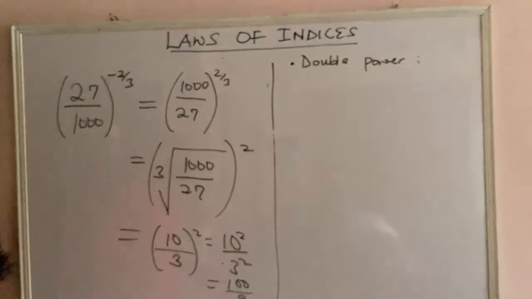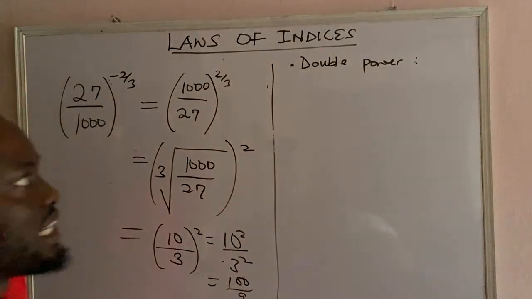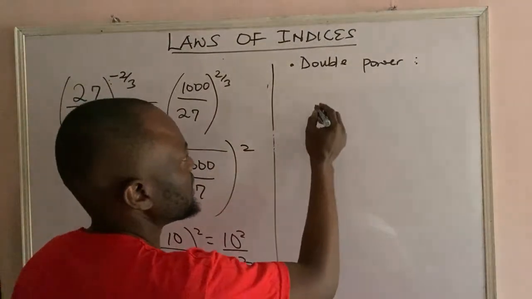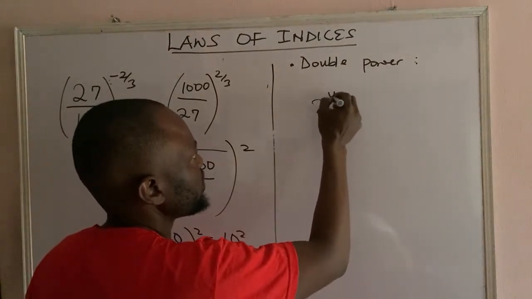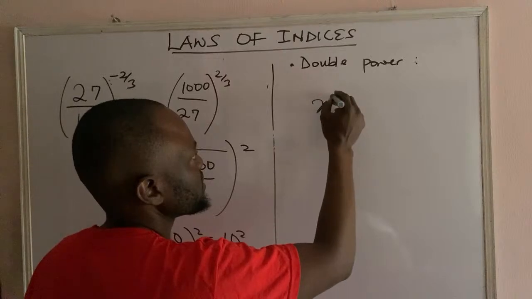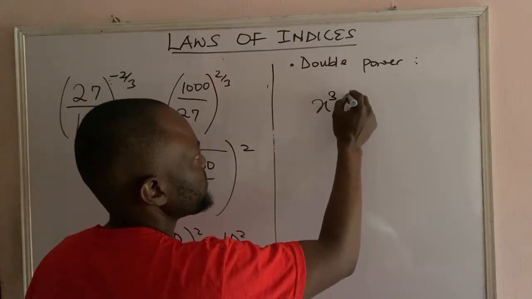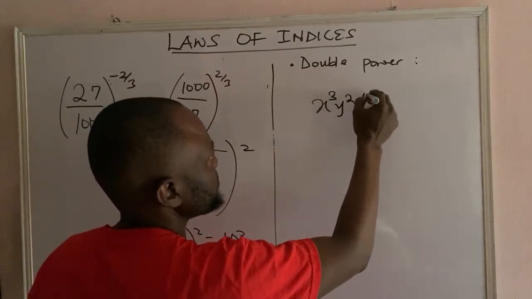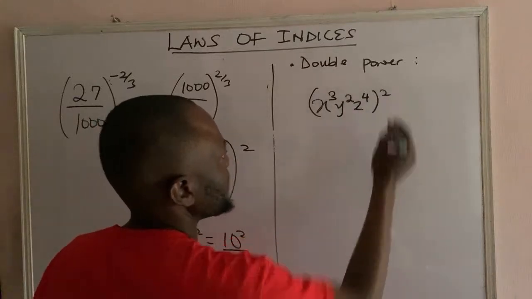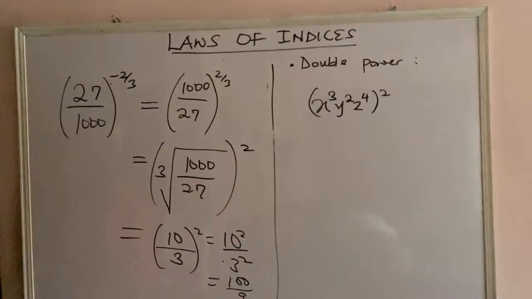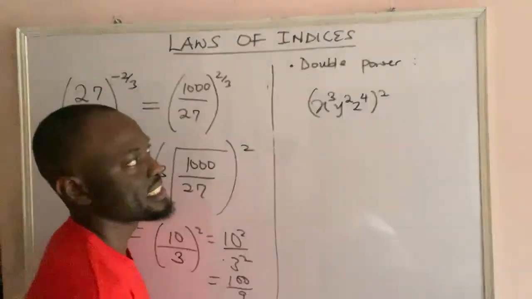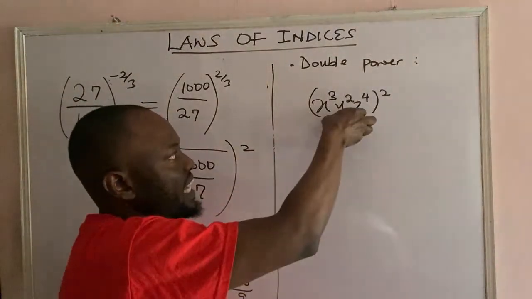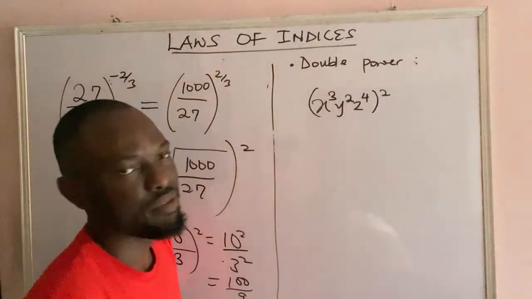Now I call it double power in a case where you have, let's say, x raised to the power 3, y raised to the power 2, z raised to the power 4, all squared. Now if you look at this, in a real sense it simply means you're multiplying everything here by itself.